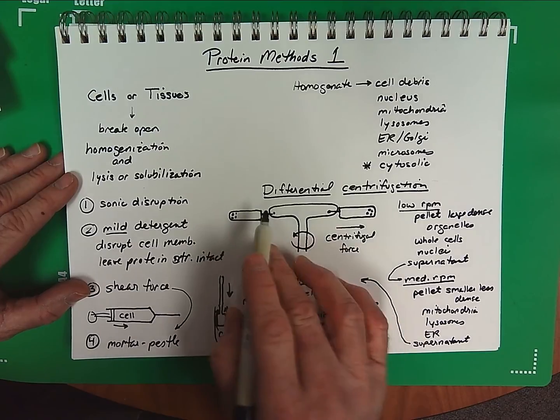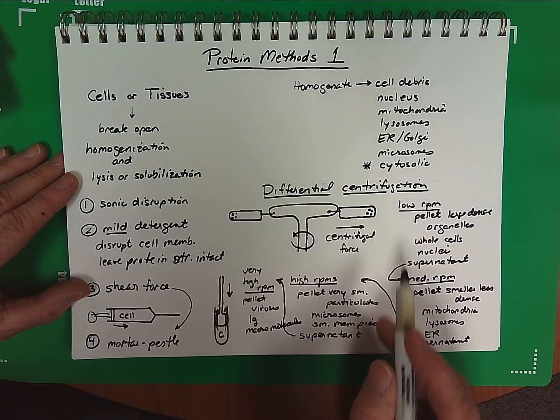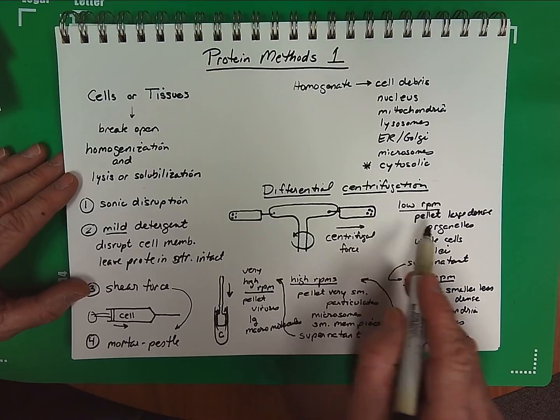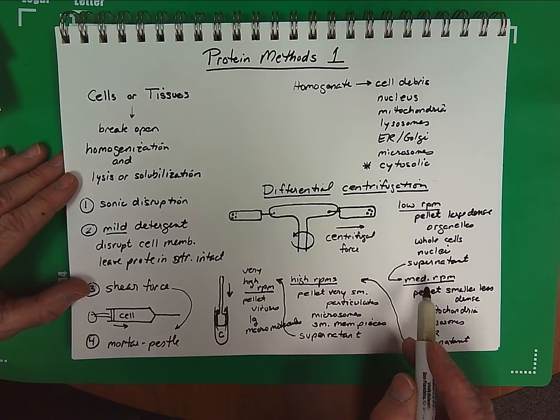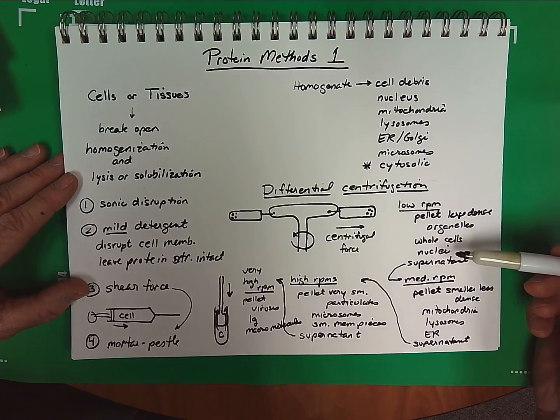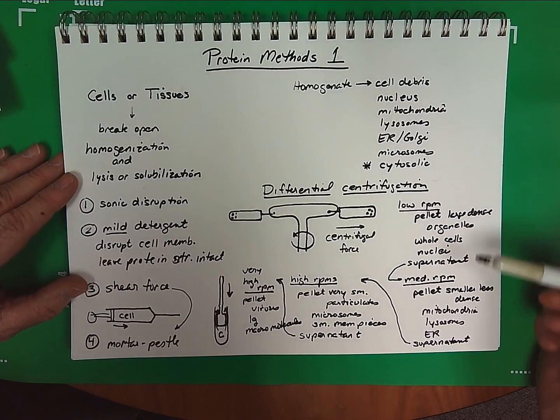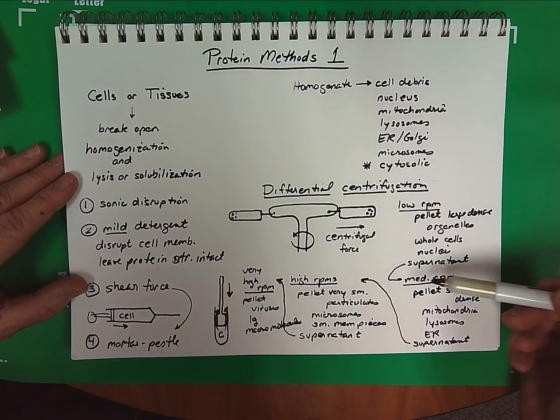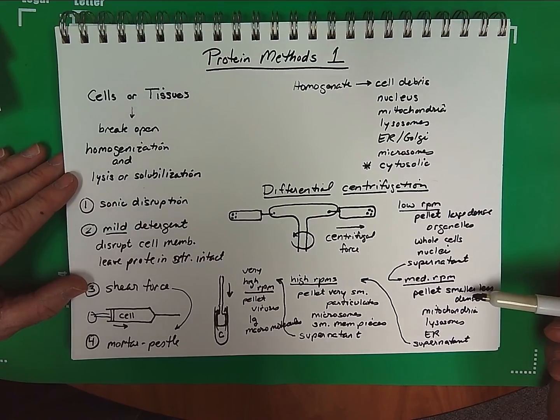So this is the principle of differential centrifugation, because simply we are centrifuging at differential speeds. At low speeds, we are able to pellet large, dense organelles. We can remove these and work with those individually, or take the supernatant, subject that to higher RPMs, and pellet smaller particles.